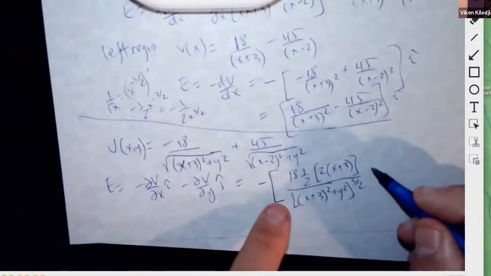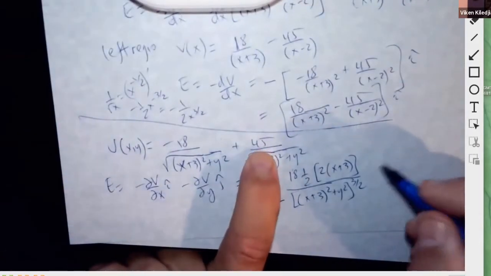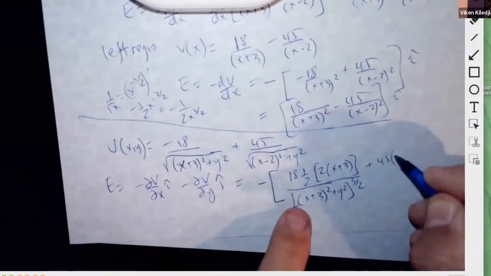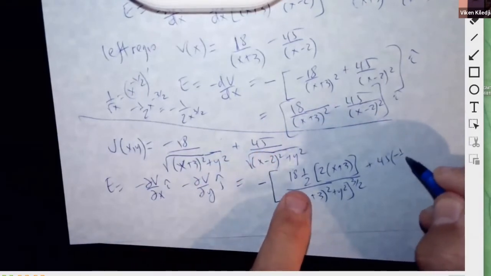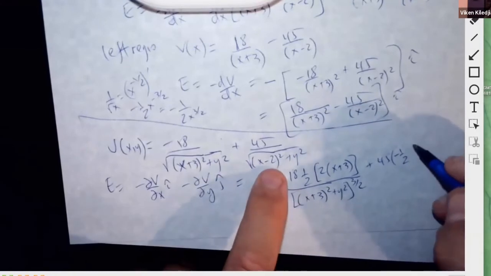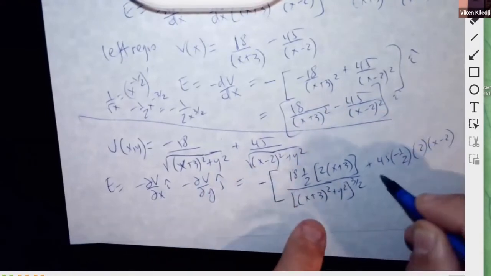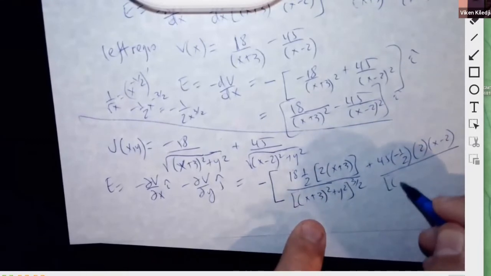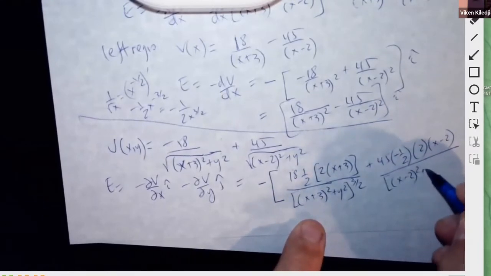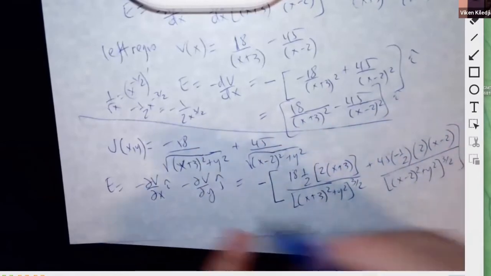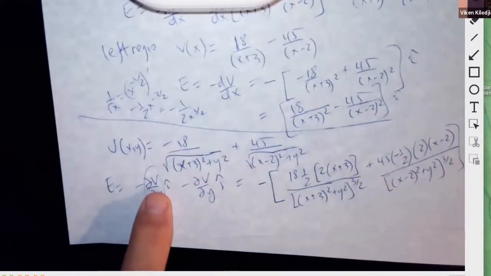All right, and then same thing here. Plus 45, negative half times the derivative of the inside, 2 times x minus 2 over the whole thing to the 3/2. So I just did this portion of it.